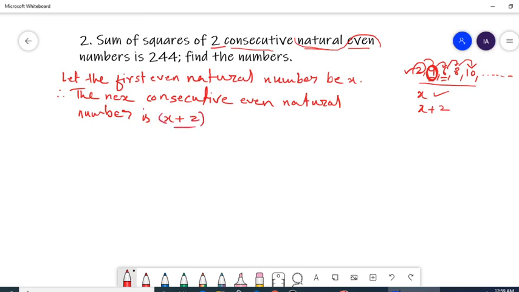So these are the two consecutive even natural numbers we are talking about in this question. One is x, the other one is x plus 2.